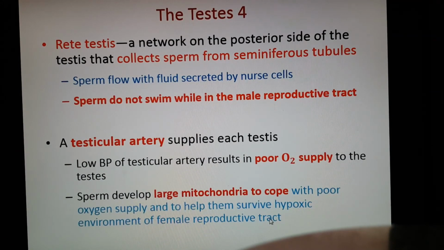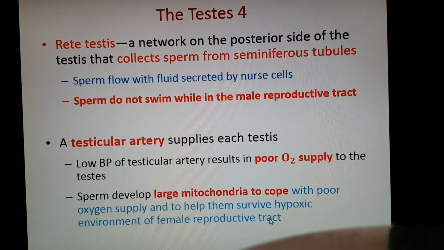It's like, okay, no action needed right now. So they don't swim while they're in the reproductive tract. They just kind of float around to where they're going to eventually possibly be ejaculated, or if not, just reabsorbed back into the body.